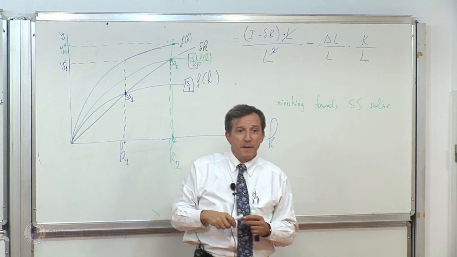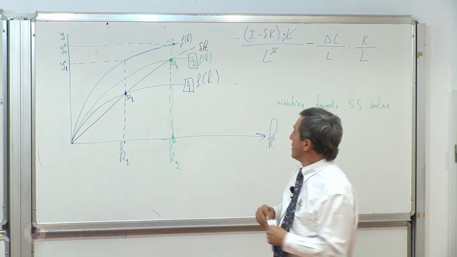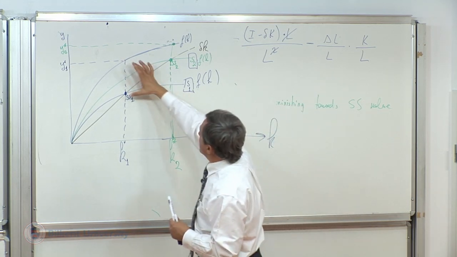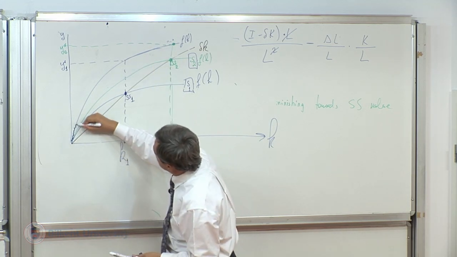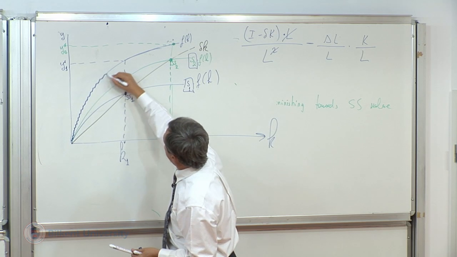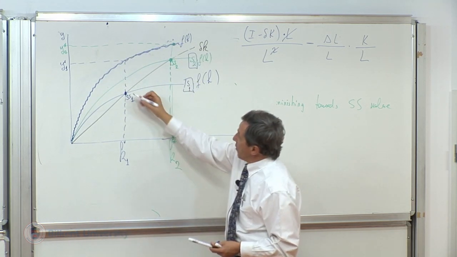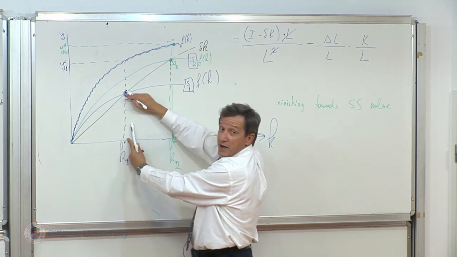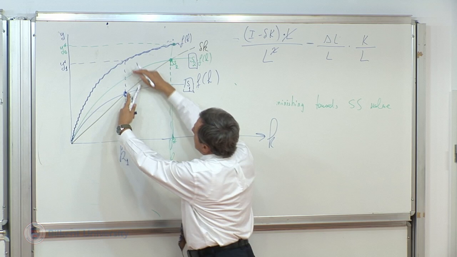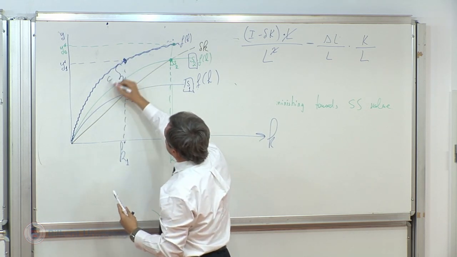How much do you consume? Well, this is the production function. Let's highlight our production function. Before, this is the amount I invest, and this is the amount I consume, right?